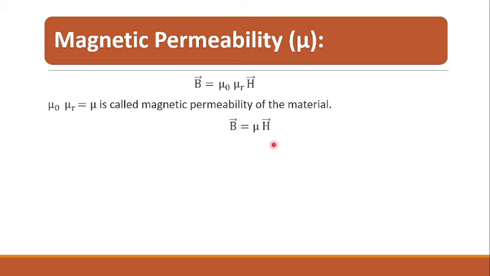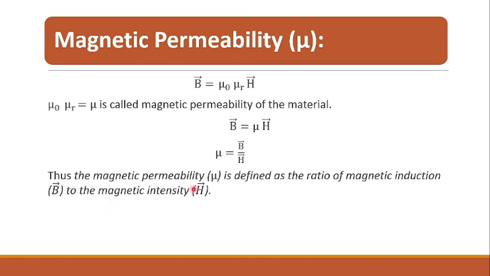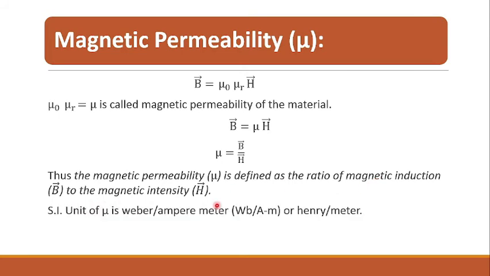So B vector is equal to mu into H vector, and therefore we can write mu is equal to B vector upon H vector. Thus the magnetic permeability mu is defined as the ratio of magnetic induction B vector to the magnetic intensity H vector. The SI unit of mu is Weber per ampere meter or Henry per meter.